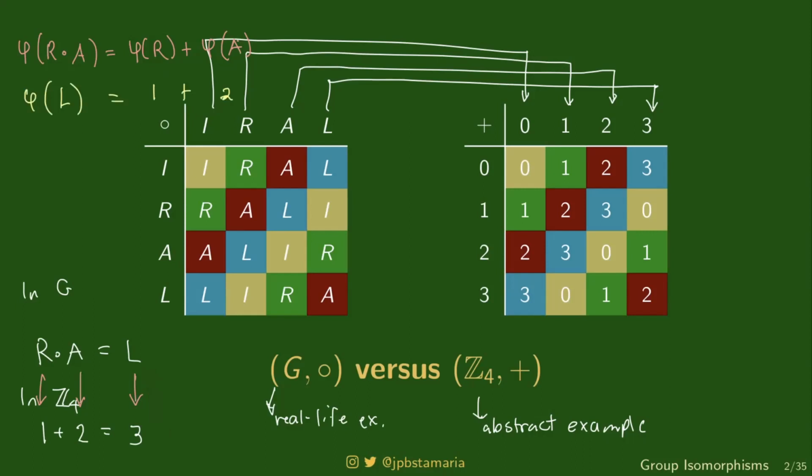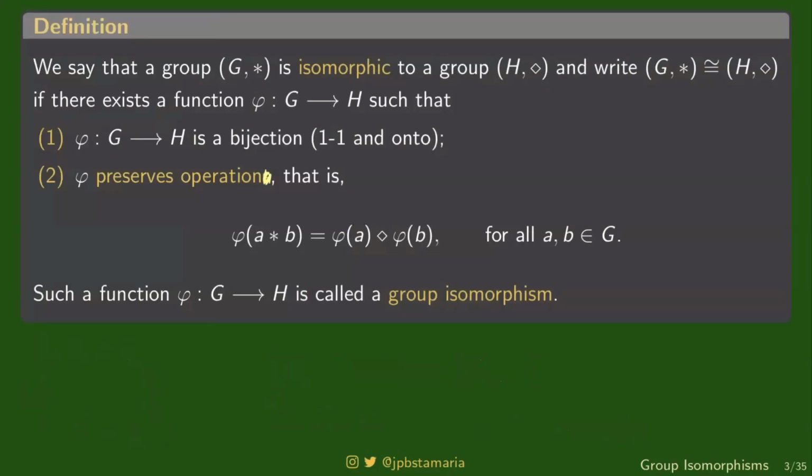Did you understand? So, as you can see dito, yung operations ay of course magkaiba. They're totally different. Yun yung mensahe ng condition number 2. Kailangan yung image ng product A times B or A star B, as A times B is happening in G, must be the product of the images phi of A and phi of B. Kung gusto niyo matandaan yung equation na ito without memorizing symbols, you can just say that the image of the product must be the product of the images.